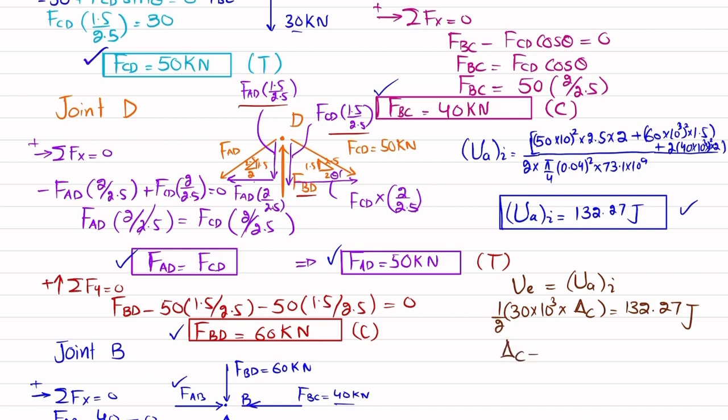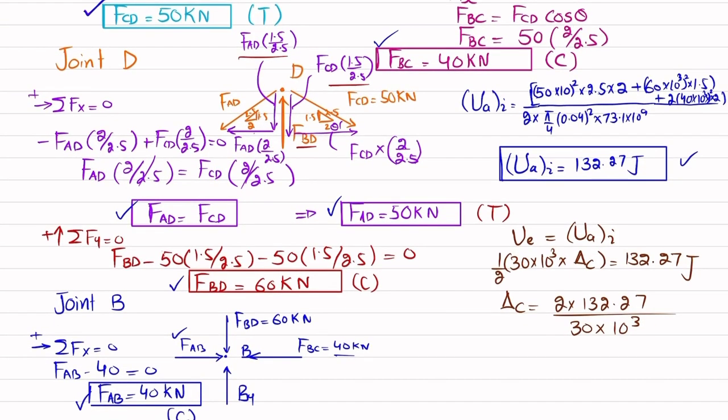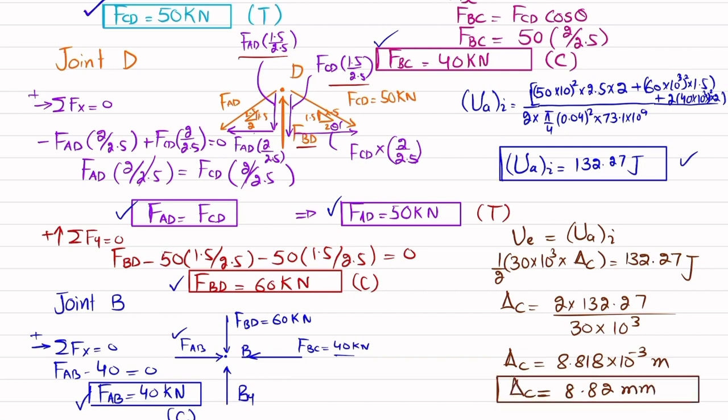So delta C will become equal to 2 multiplied by 132.27 divided by 30 into 10 raised to power 3, which will give you the vertical displacement of point C, and that will be equal to 8.818 into 10 raised to power minus 3 meter, or in millimeter it will be 8.82 millimeter.